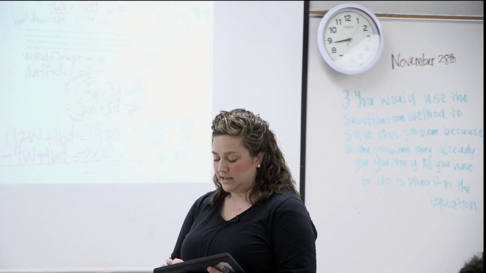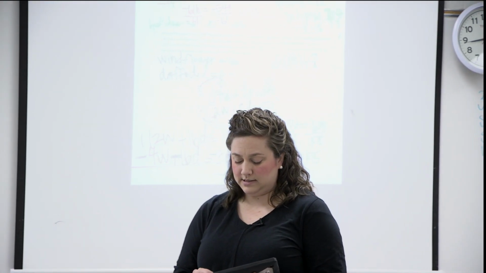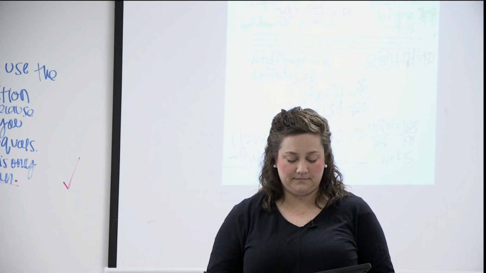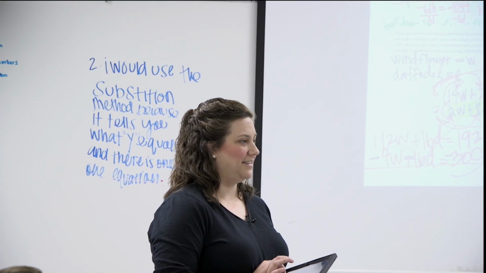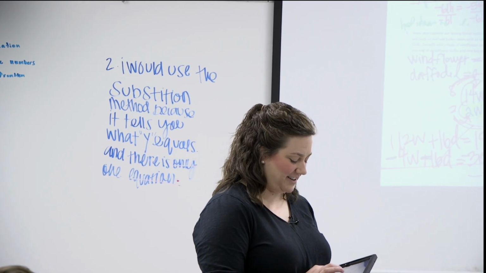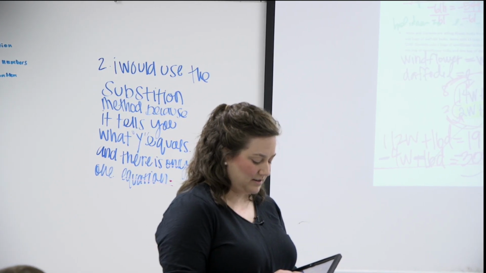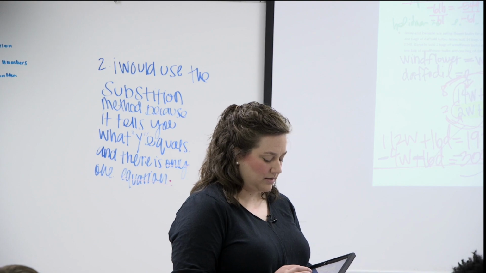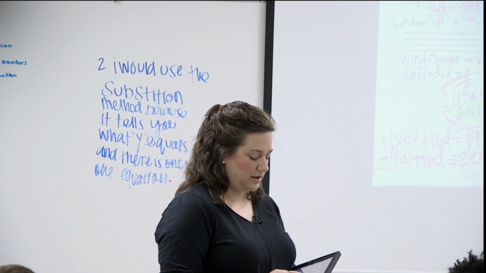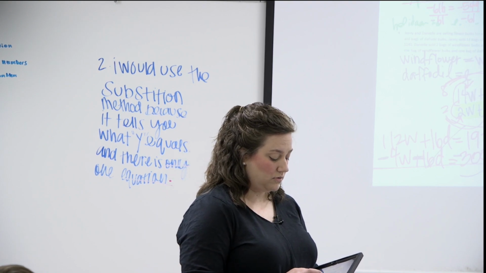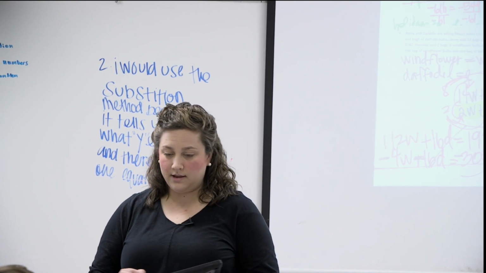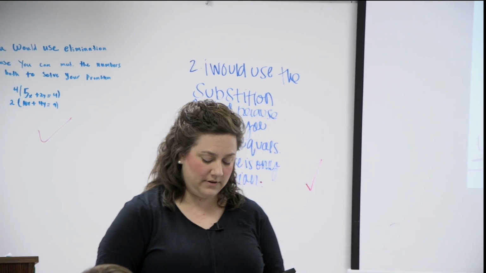2 times 15 plus 8D equals 150. Talia, 2 times 15. 30. Look at you. So subtract 30. And you're going to get 8D equals 120 divided by 8. 15.